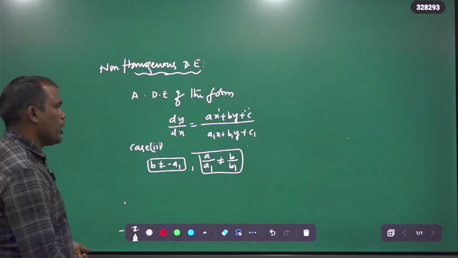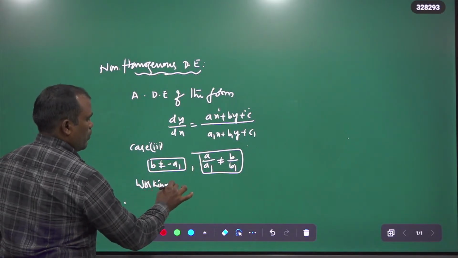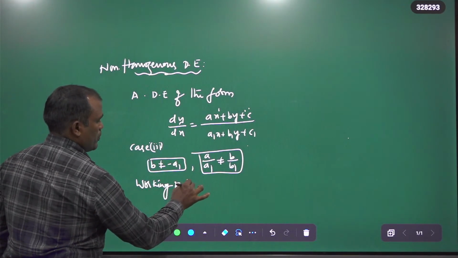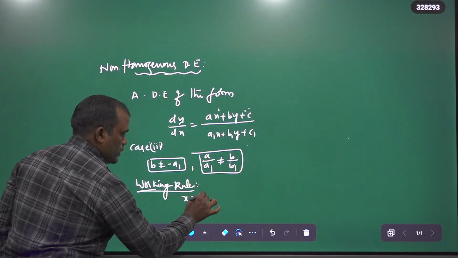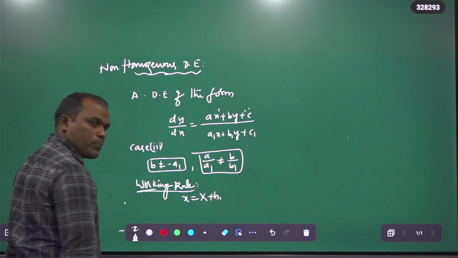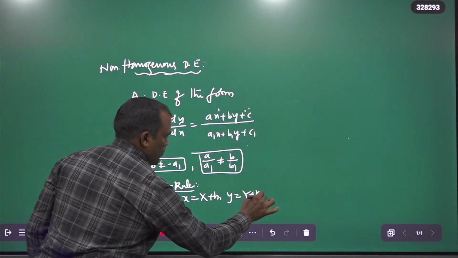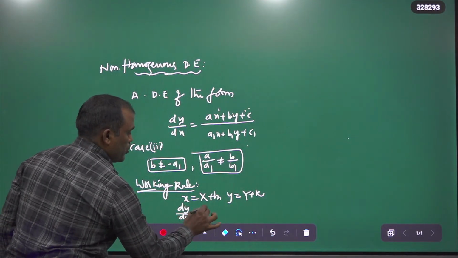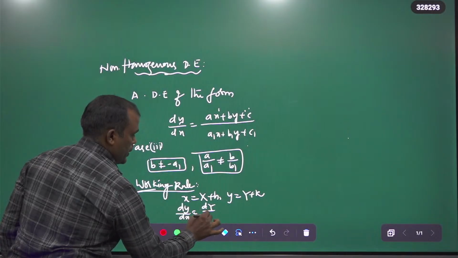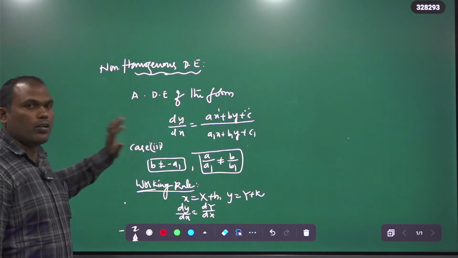So the case 3 working rule is: put small x equal to capital X plus h and small y equal to capital Y plus k, and small dy by dx equal to capital dY by dX. So this is the working rule for the third case.